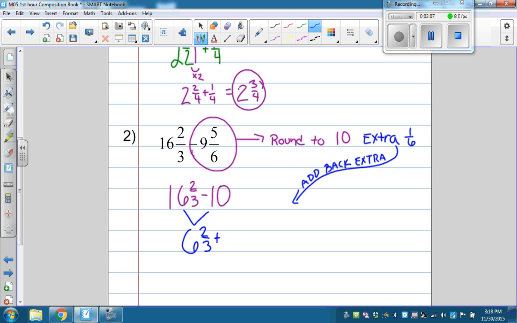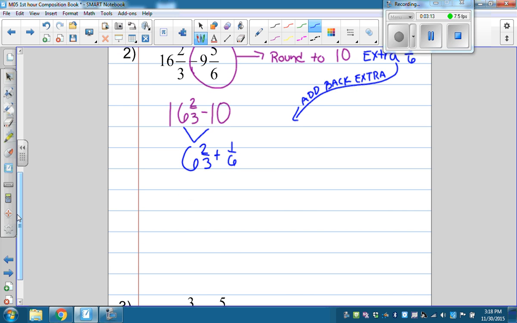You add back the 6th. And then when you do that, you get the common denominator. So multiply by 2, and you get 6 and 4/6 plus 1/6. So 6 and 5/6.